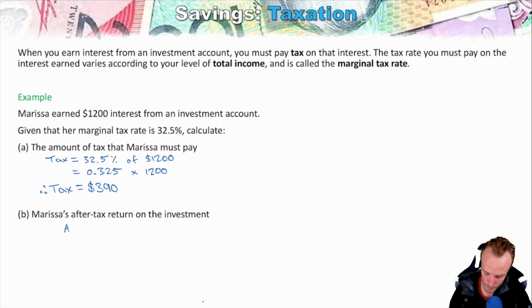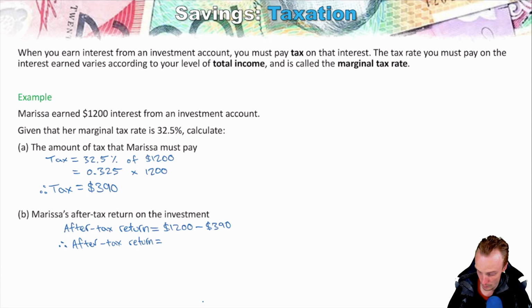So after-tax return is going to be equal to the 1,200 minus how much she paid in tax, which is $390. So therefore, the after-tax return is going to be equal to $810.